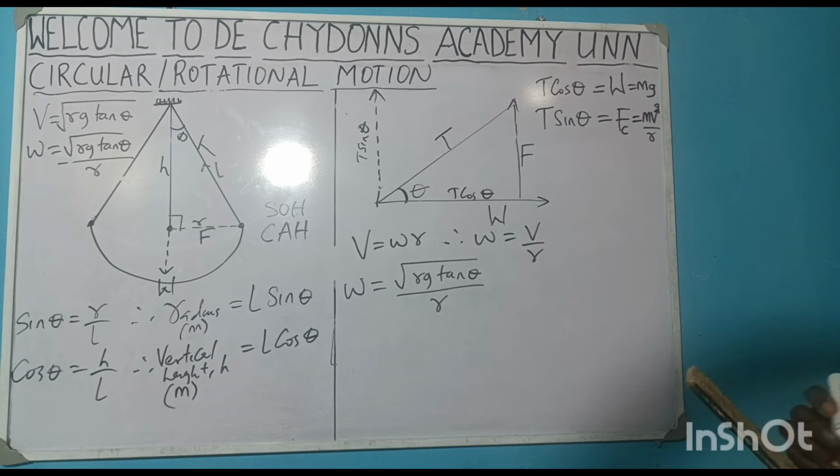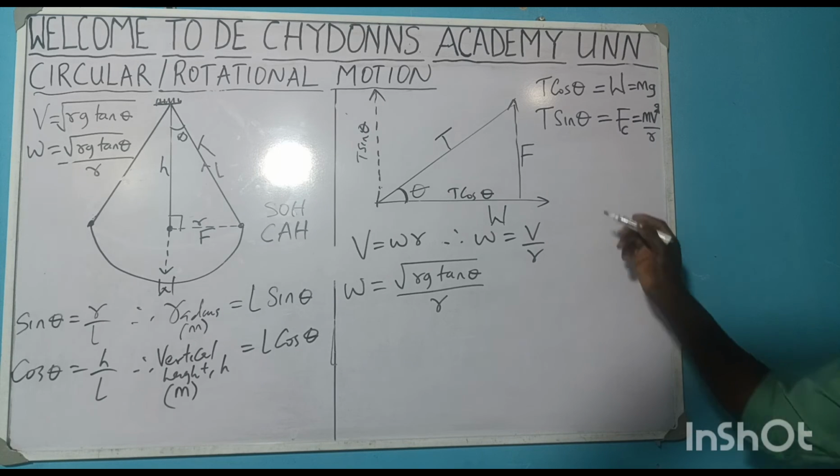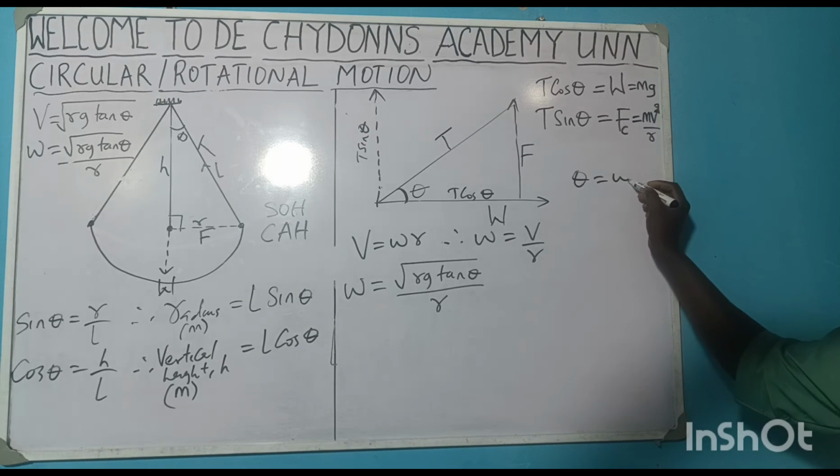Simple. Then another formula we need to get is the frequency and the period of a body that undergoes horizontal circular motion. Now, remember that theta is equal to WT, where T is the period.